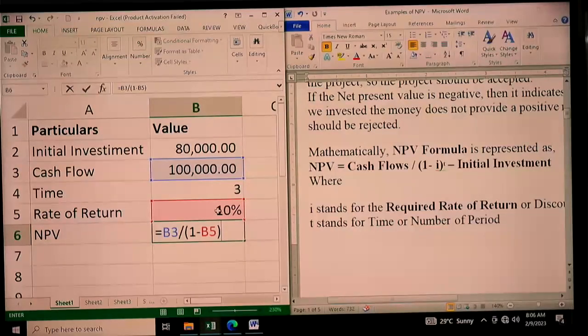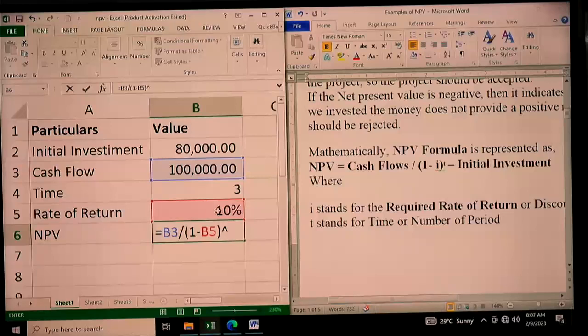If you type number 6 only, that is not power. The power is designated by the caret symbol. So you're supposed to use shift and number 6. You hold shift and then you press number 6. That means to the power of t.